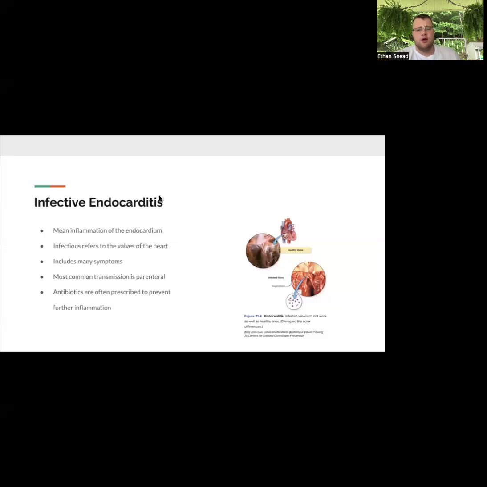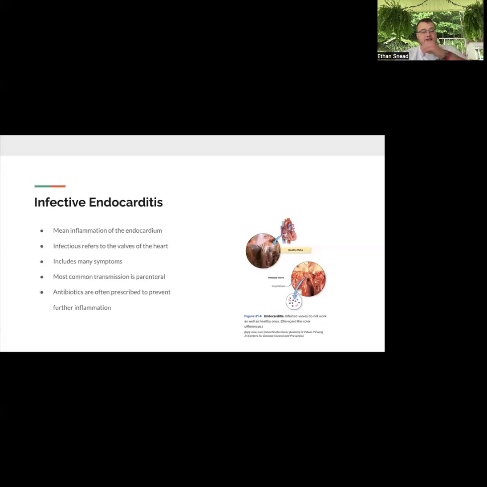Next, we have infective endocarditis. Before we get into the infective part, endocarditis is an inflammation of the endocardium, which is the inner lining of the heart. Infective endocarditis, or infectious endocarditis, refers to the inflammation and infection of the valves of the heart, such as the mitral or the aortic valves.